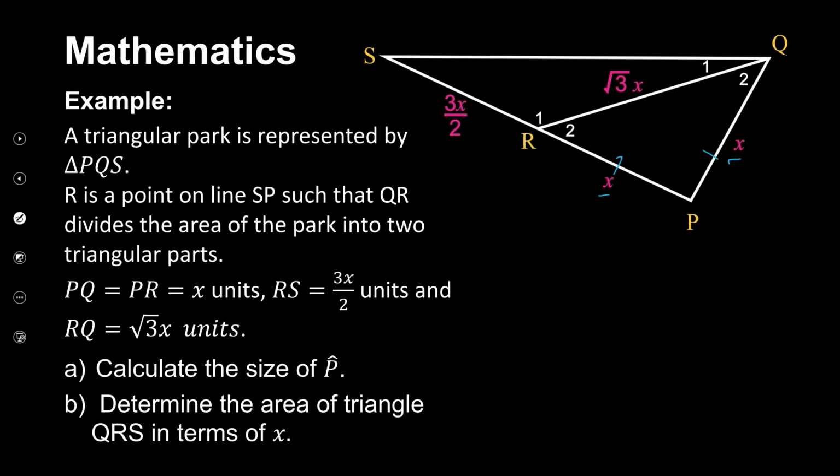Remember, if those two lines are equal, we have an isosceles triangle, making that angle equal to that angle. Okay, they give us the value for RS, and they give us the value for RQ being √3 X units, so that one. And they want us to calculate first the size of P and then the area of the triangle QRS in terms of X.